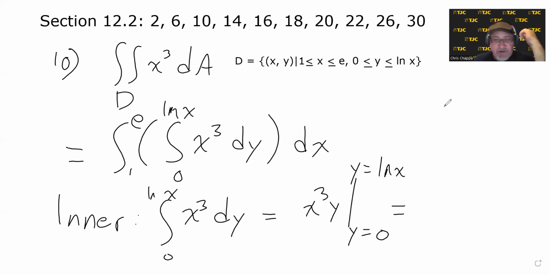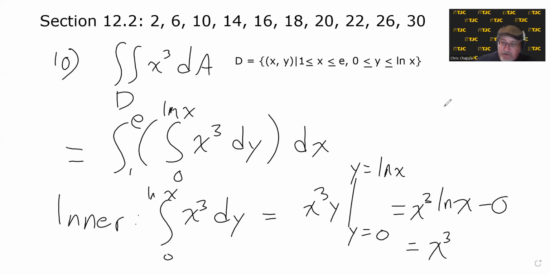When we evaluate the antiderivative at the upper limit, we just change the y to ln x. So we'll get x cubed ln x. Minus, when we put in y equals 0, we get x cubed times 0, which of course is 0. So our inner integral ends up being x cubed times the natural log of x.